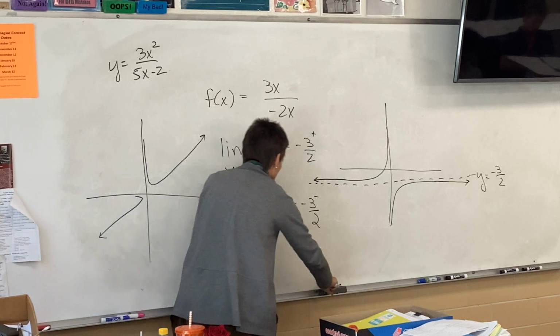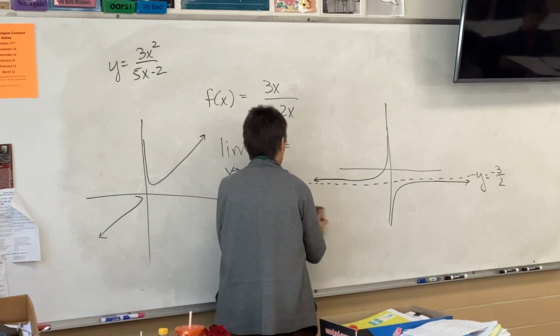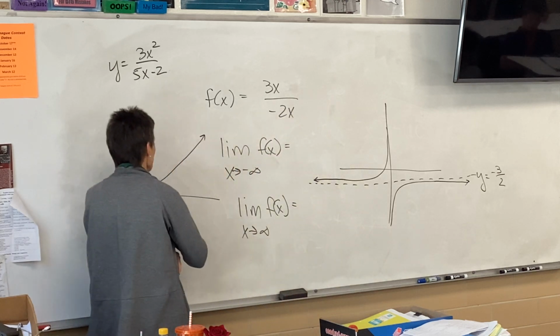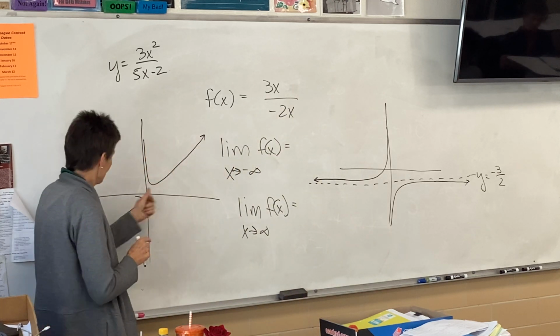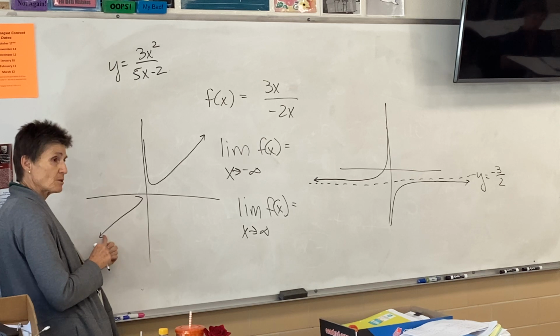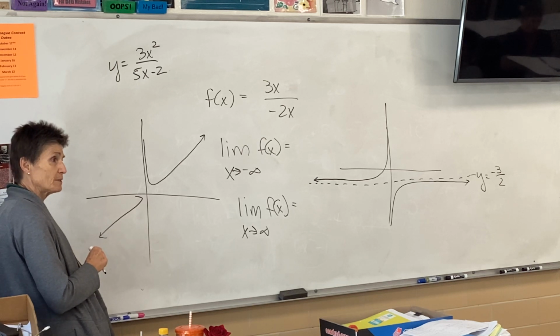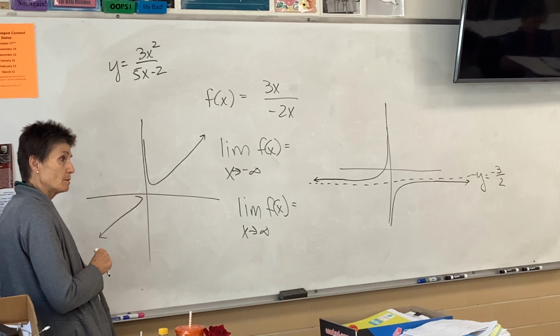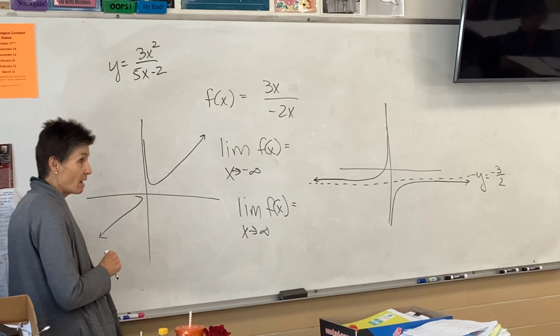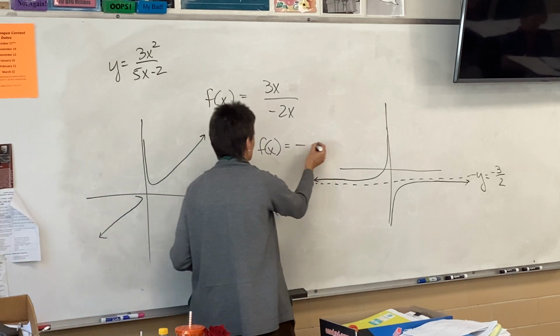What's happening to this picture as we head off the page to the left? What's happening to the curve as we go off to the left? Where's it going? Down. That's negative infinity.